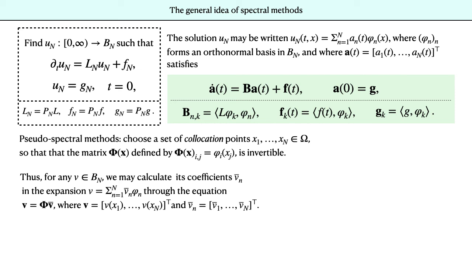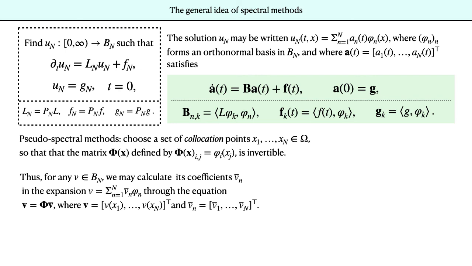So the point is that for elements in Bn, one may now calculate its coefficients just by knowing its values at n points. So you don't need to do, for example, full integration. You don't need to do inner products.